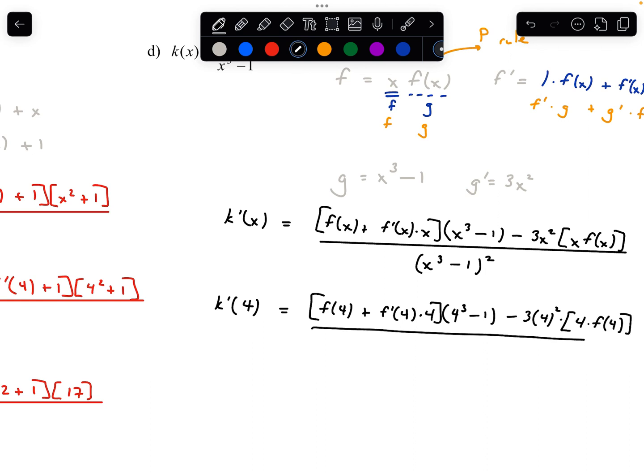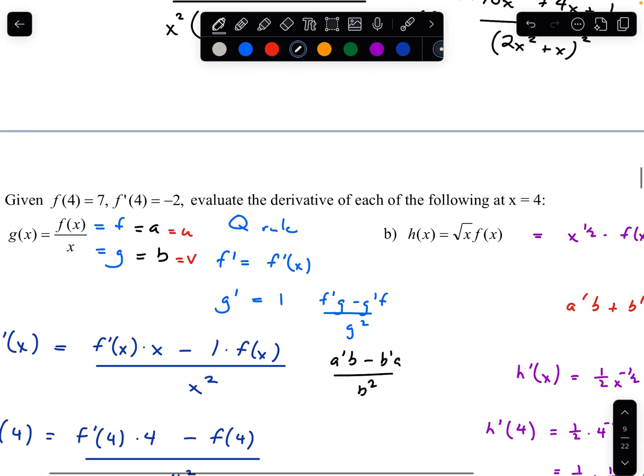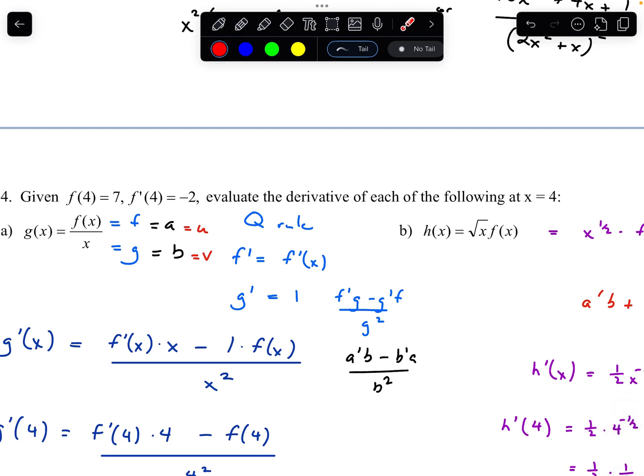So I had to do all that without an equation for f. So all I knew was that f was a function, and the derivative of f is f primed. Whoops. I'm plugging in 4. It's not x cubed anymore. It's 4 cubed. Now, I would be stuck here, but back at the start of the question, it told me what you get when you plug 4 into f, and what you get when you plug 4 into f primed.